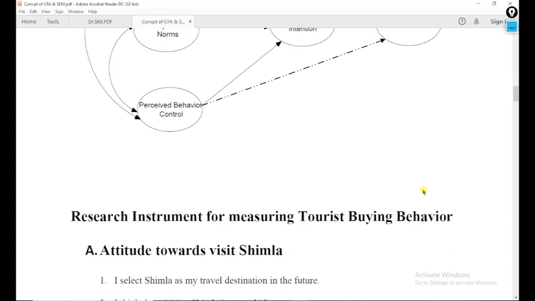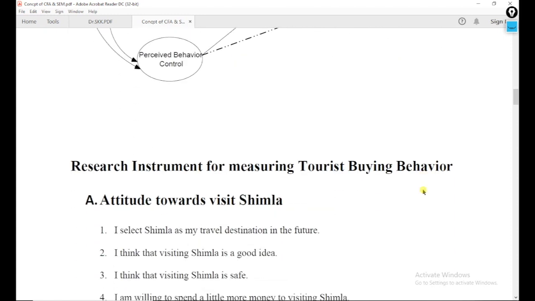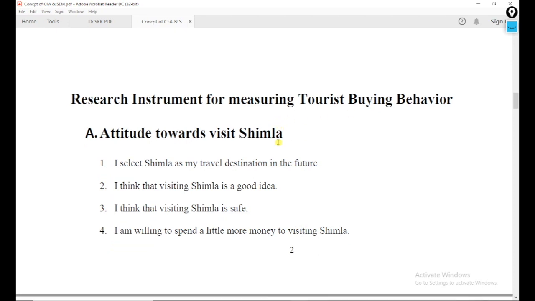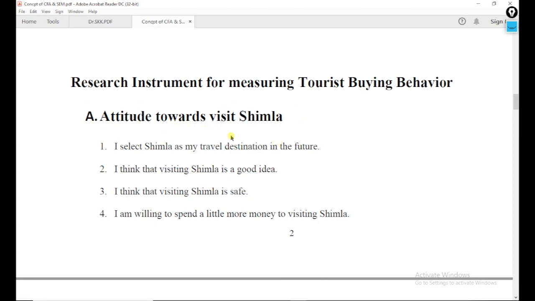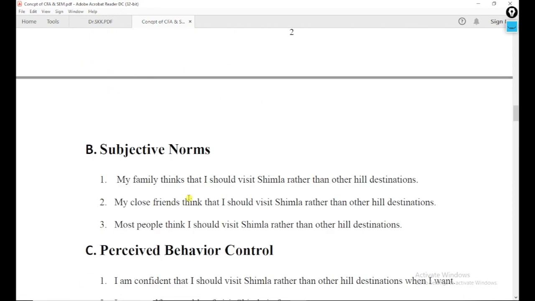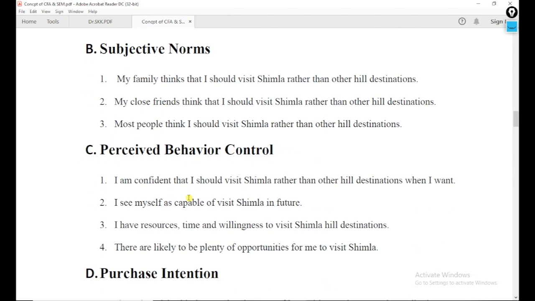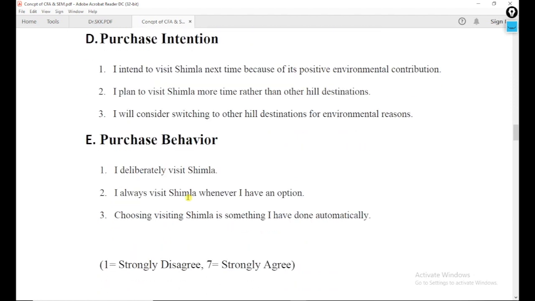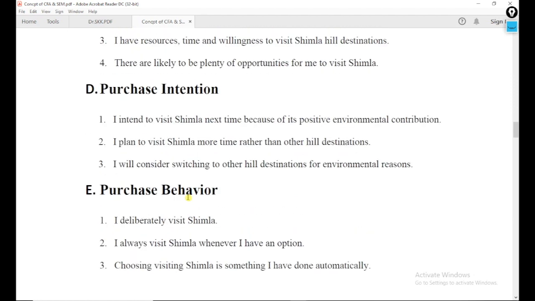Then how to make the questions. So this is my research instrument for measuring tourist buying behavior. I have taken Shimla as a tourist place. So attitude towards visiting Shimla can be identified through 4 questions, subjective norm contains 3 questions, perceived behavioral control 4 questions, purchase intention 3, and purchase behavior 3 questions. So it is pre-decided whatever theory we are going to test.